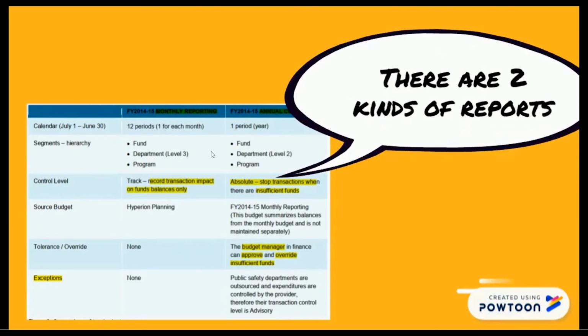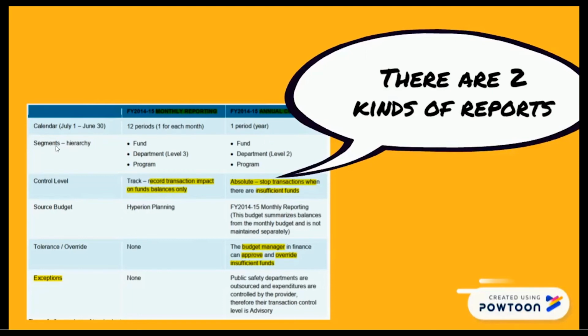It will be divided into two main kinds of reporting. The first one is monthly and the second one is annual. Monthly means a year will be divided into 12 periods, one for each month, and the second one is one period that includes all of the year.